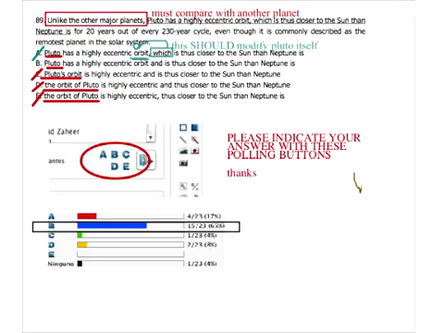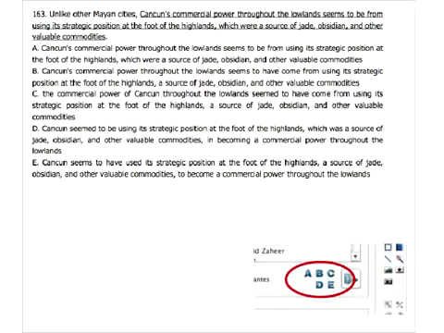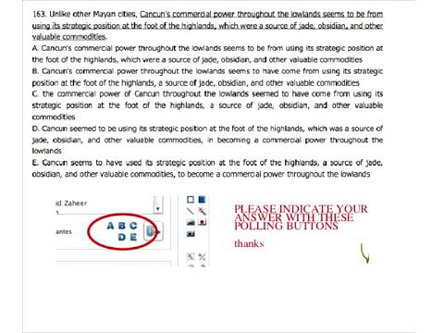Okay, let's do another one. Let's try this. Again, if you are relatively new to this session, please indicate your answer with the polling buttons. Thank you very much. Timer.